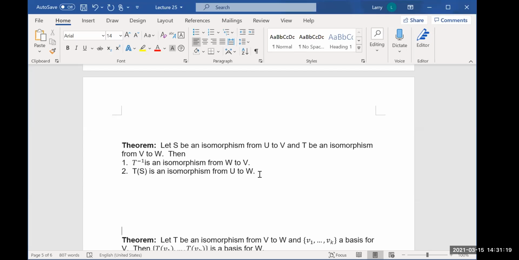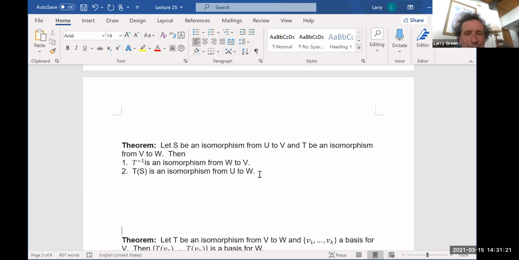So if P3 is isomorphic to M2 by 2, then M2 by 2 is isomorphic to P3. You just go backwards. And similarly, P3 is isomorphic to M2 by 2, M2 by 2 is isomorphic to R4.